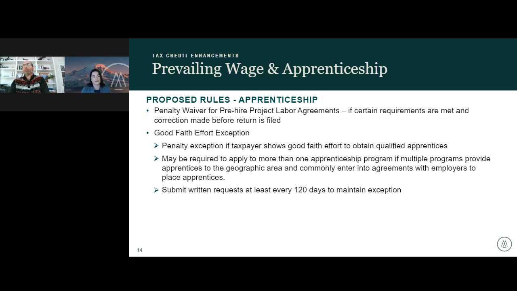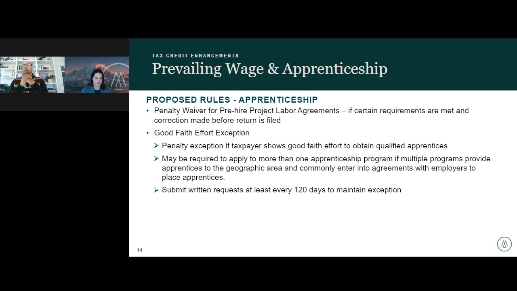So if you need 4 apprentices to meet the requirements and you obtain 3, then you're only going to get a waiver of penalties regarding that 1 apprentice that you tried to obtain and could not obtain. If the other 3 still fail to meet the requirement, then you may still have hourly penalties related to the other 3 apprentices.